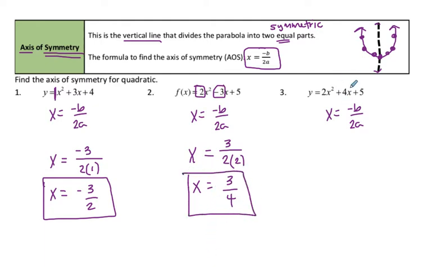And on number 3, we have x equals, okay, we have our A value here, our B value here. So the opposite of positive 4 is negative 4, divided by 2 times 2 here. Negative 4 divided by 4 is negative 1.